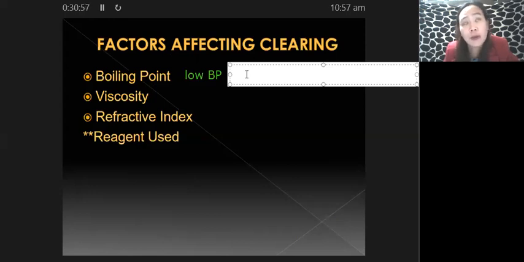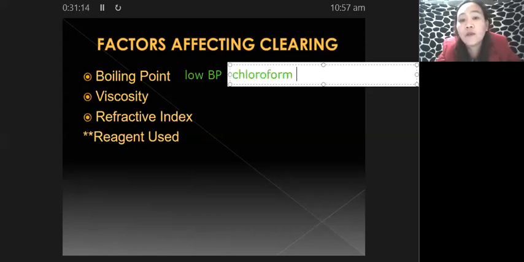Ibig sabihin, pag mas mababa yung boiling point, mas madaling i-replace ng medium later on. Okay? So, the exception to this rule is your chloroform.